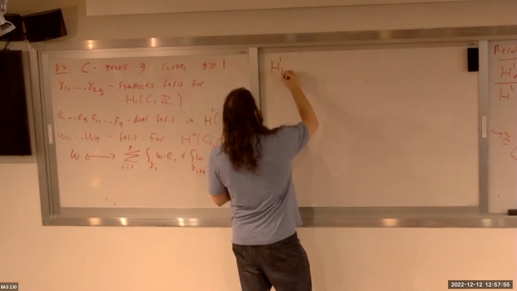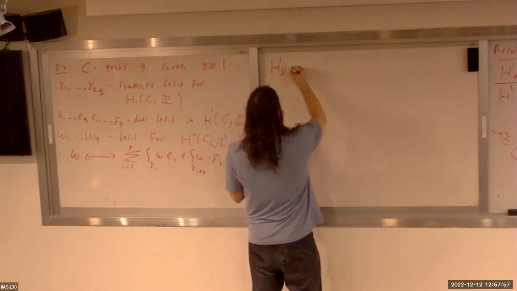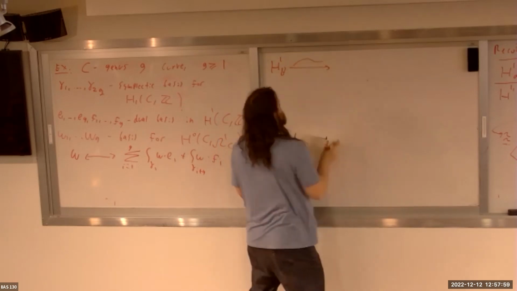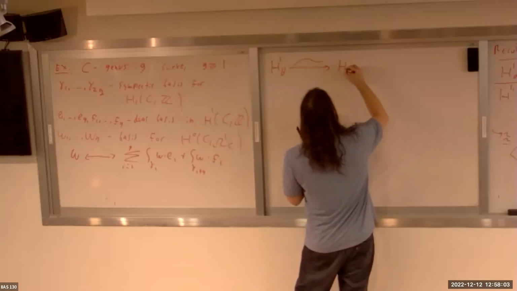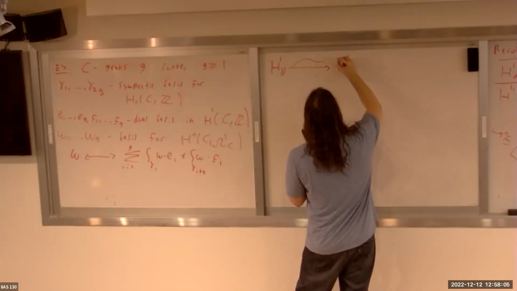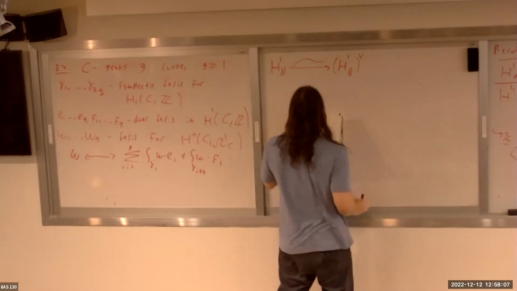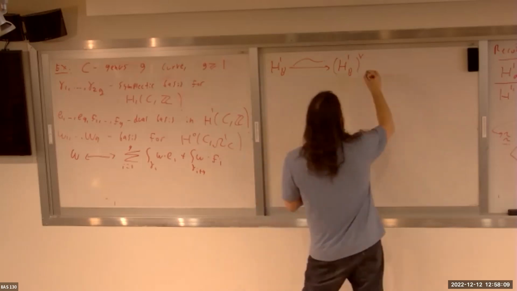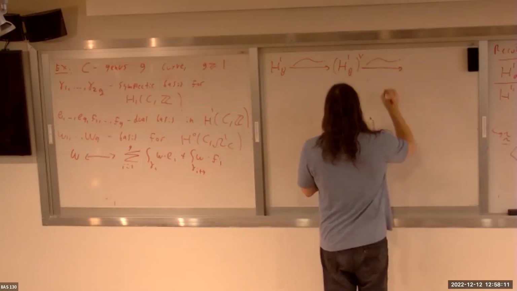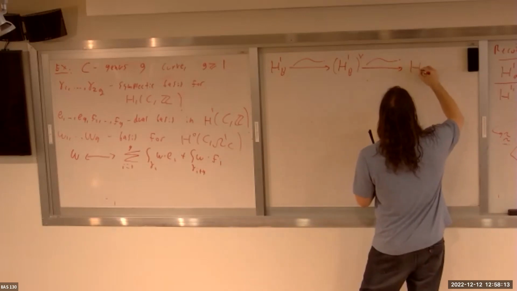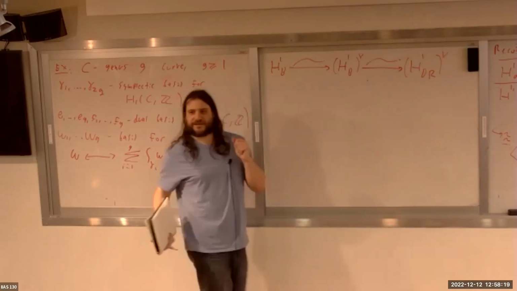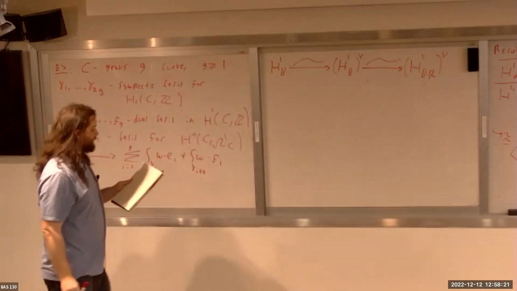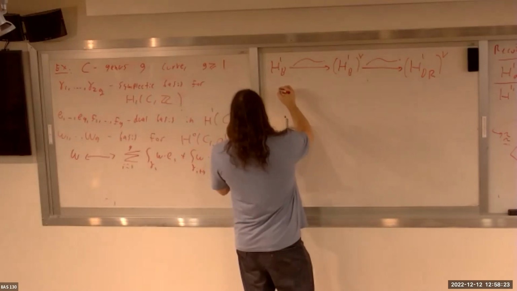If you look at Betti cohomology, then because of the symplectic pairing, this is isomorphic to the dual of Betti cohomology. And because of our de Rham isomorphism, this is isomorphic to the dual of de Rham cohomology. I'm omitting C because we only have one variety we're working with. And how does this work?